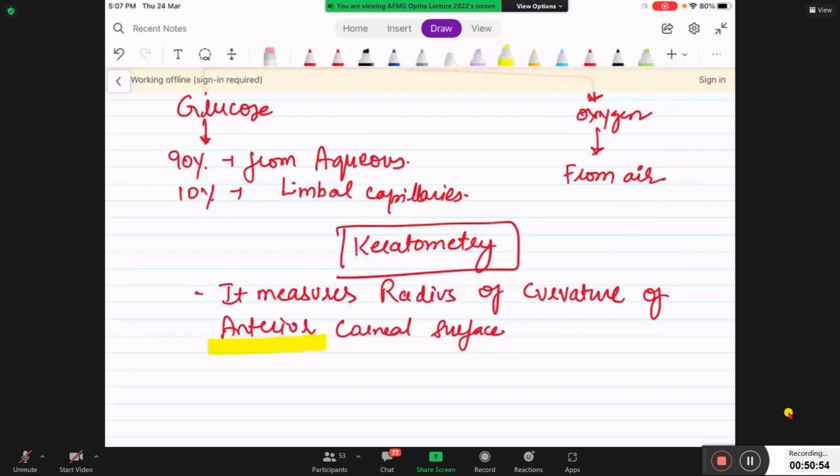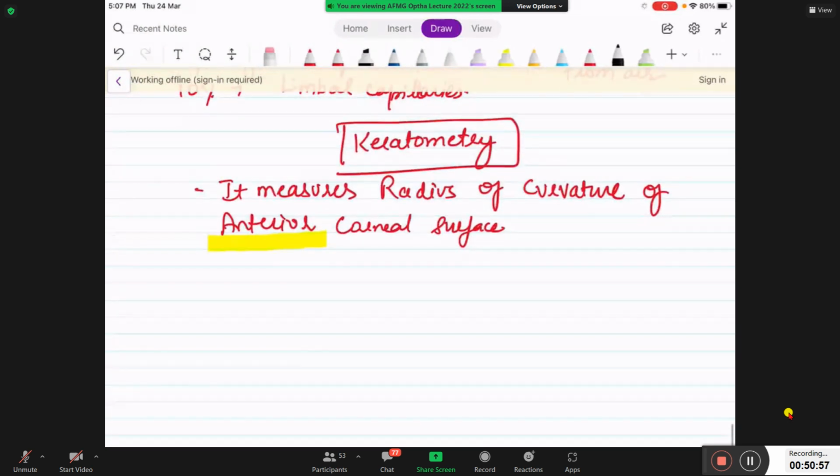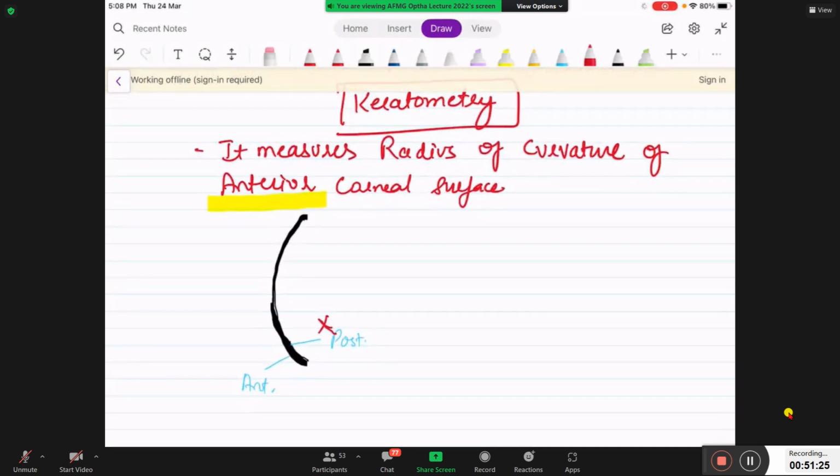It does not measure your posterior corneal surface, right? Suppose this is your cornea. Now this cornea has two surfaces, anterior corneal surface and posterior corneal surface. Keratometry takes into account only and only the anterior corneal surface and not the posterior corneal surface. Clear? Okay. So this technique of measuring the radius of curvature of the anterior corneal surface is called keratometry. Kerato means cornea, right?